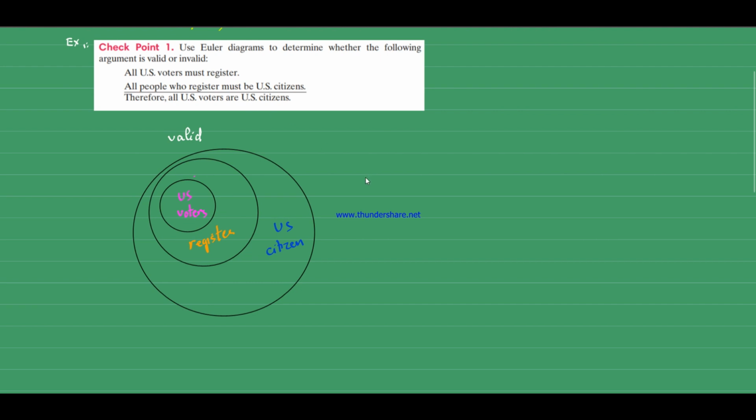I don't think so, because we drew the first two premises, and at the end you see that the U.S. voter must be a U.S. citizen. There's no other option. Those people who register must be U.S. citizens, but U.S. voters are inside the people who register. So of course U.S. voters must be U.S. citizens. This is valid. It's true all the time. We cannot draw any other case that contradicts the conclusion.